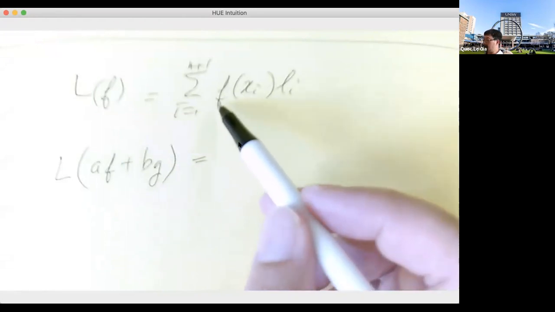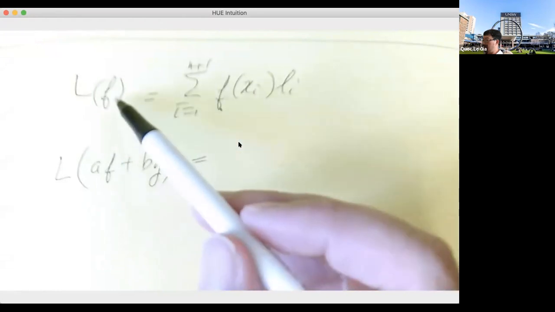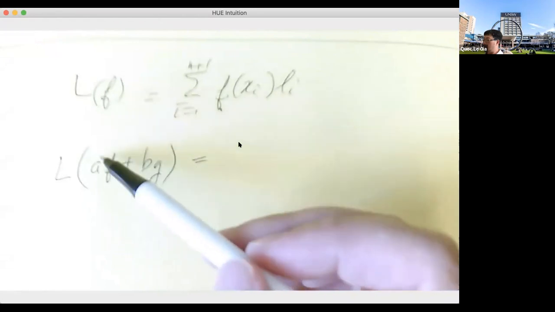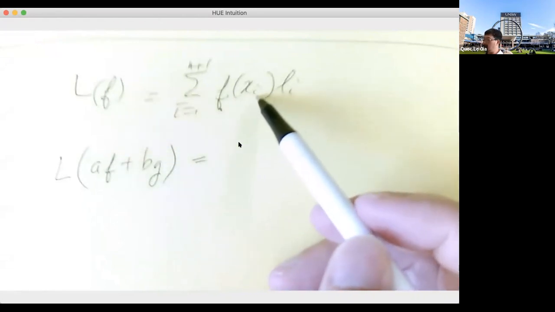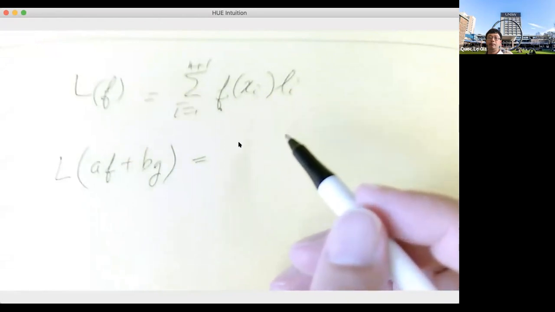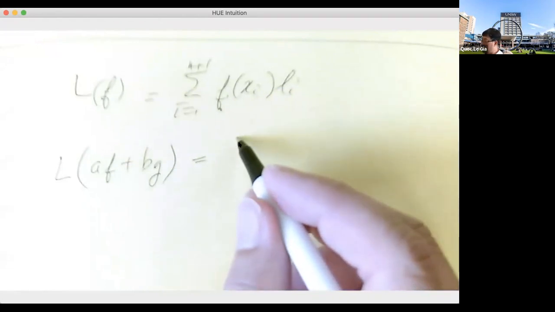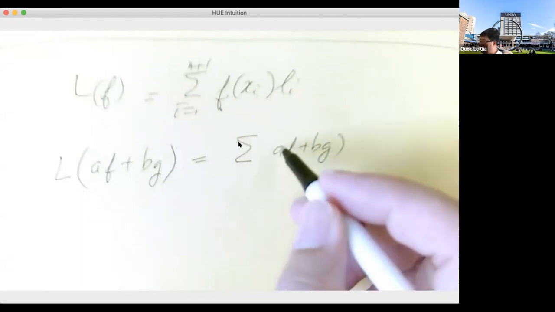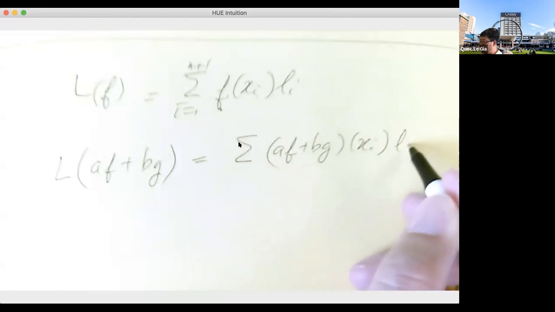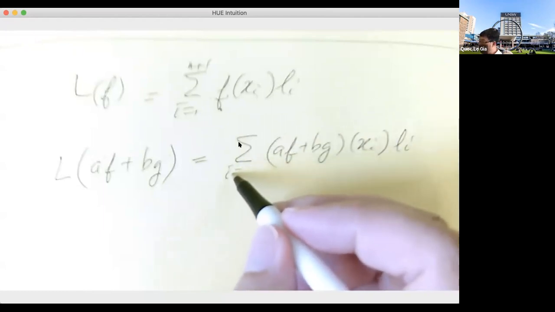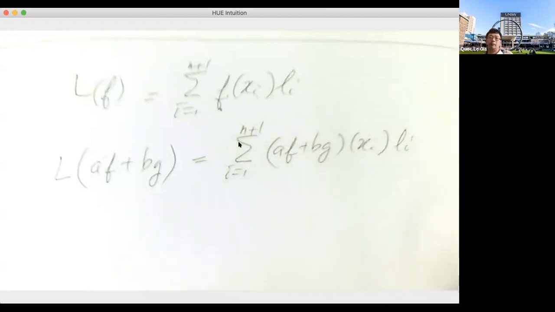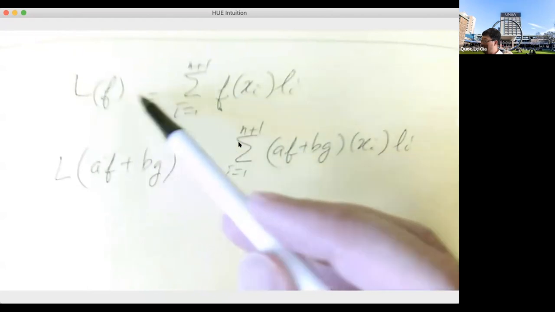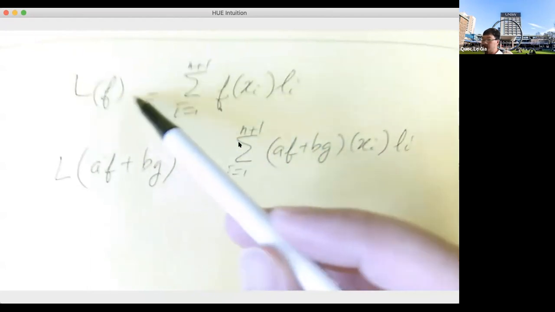Well, you see here f(xi), right? So now I just replace f by af plus bg in this sum, sum of (af plus bg)(xi) Li, i runs from 1 to n plus 1. So you just replace f here and f here.